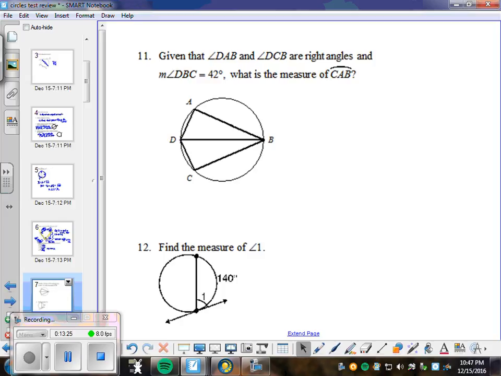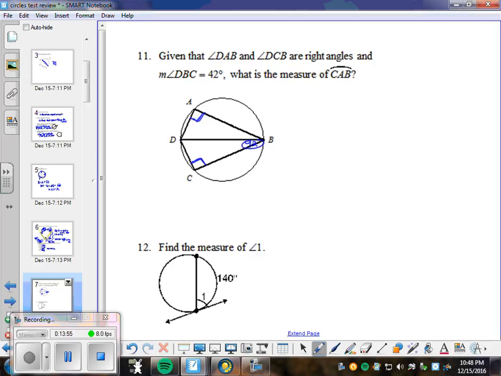Okay, number 11. All right, given that DAB and DCB are right angles, so DAB is a right angle, DCB is a right angle, DBC is 42. DBC, so this little angle here is 42. What's the measure of CAB?